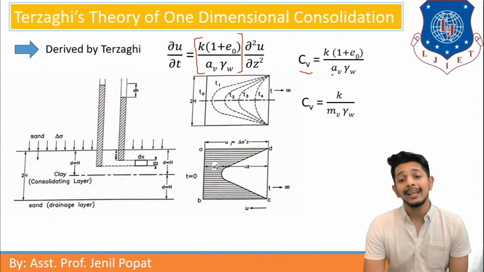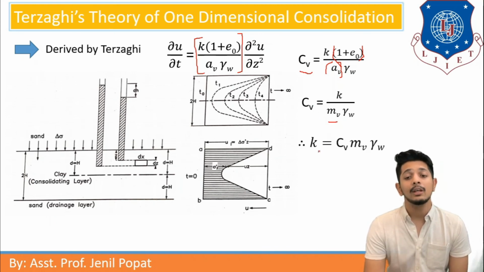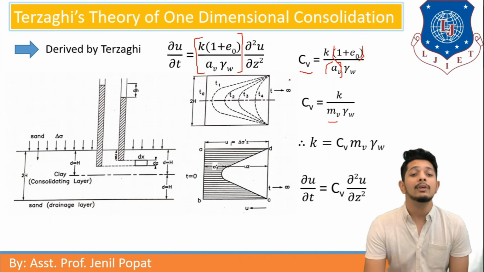Here we know that av upon (1 plus e0) is mv, so we can write mv there. Now if we want to find the coefficient of permeability k, we can find k is equal to Cv into mv into gamma w, and hence we can write del u by dt is equal to Cv into del square u by del z square.